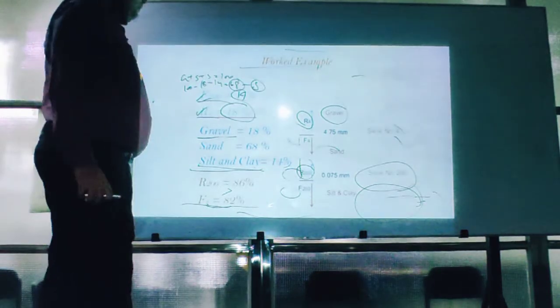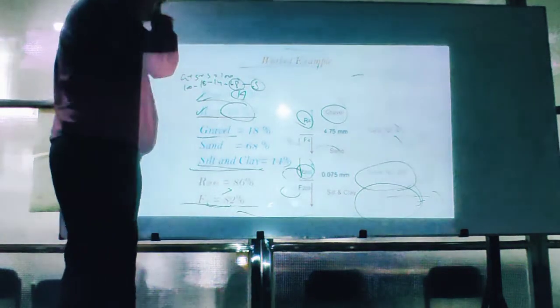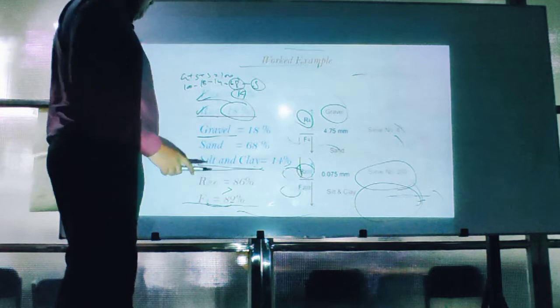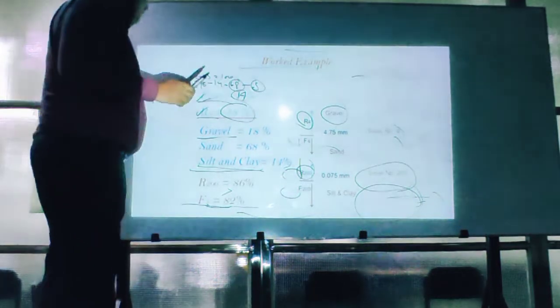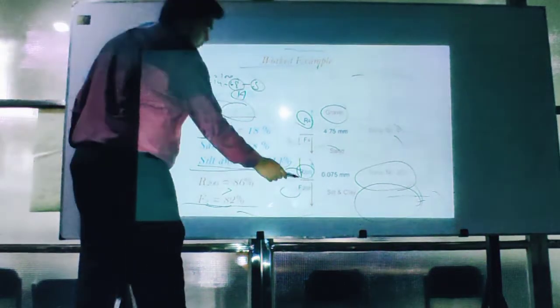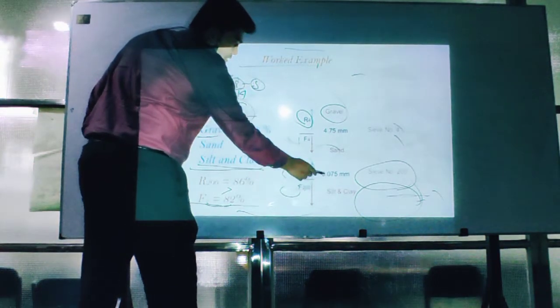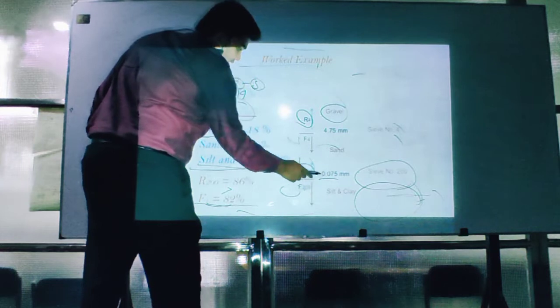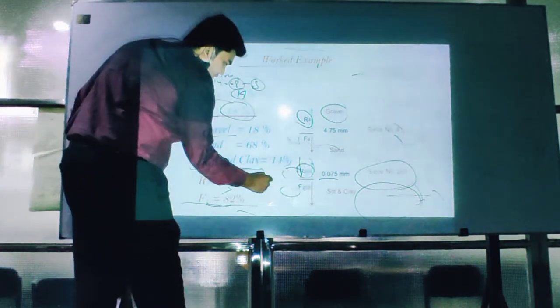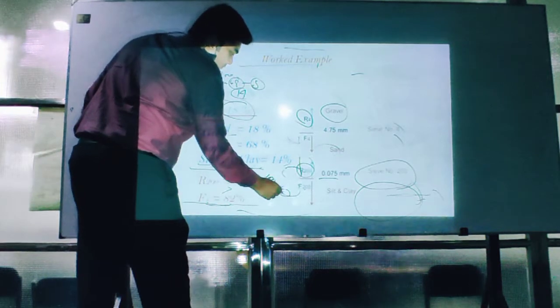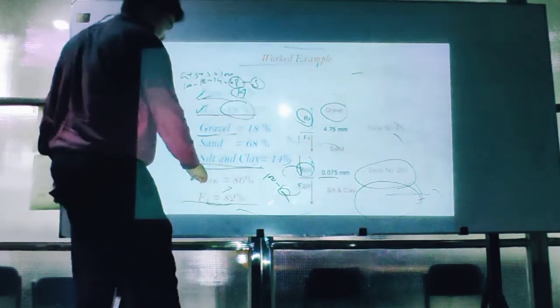Now R200. The rigid percentage of 200 sieve, over the 0.075 millimeter. That is 86%. How? We know that F200 means the percentage passing through 0.075 millimeter, and all of them is 100. So the else percentage is R200.